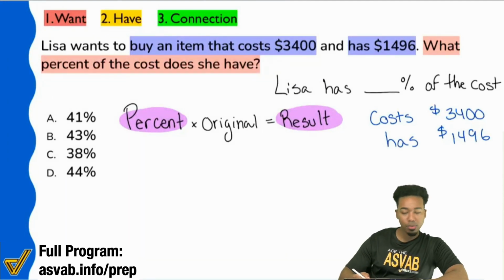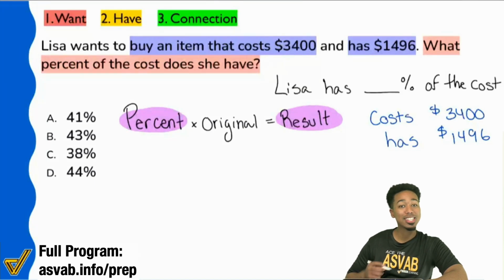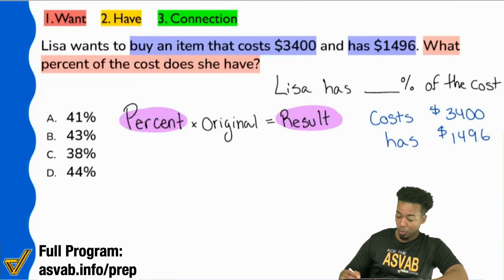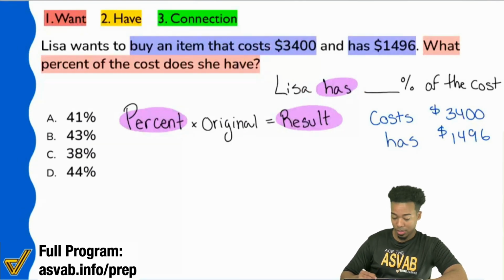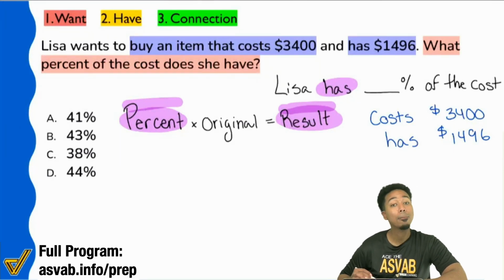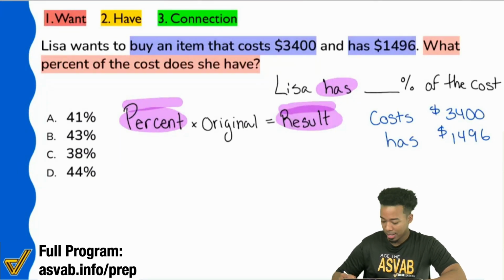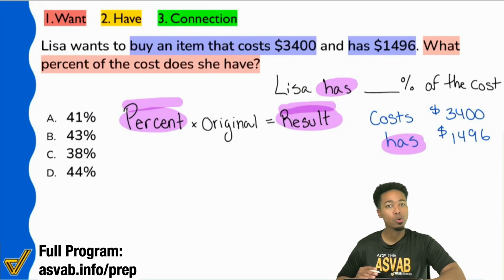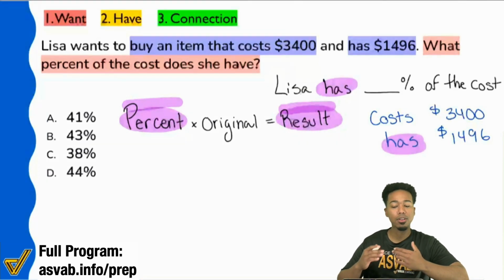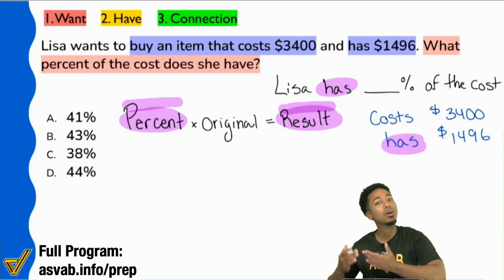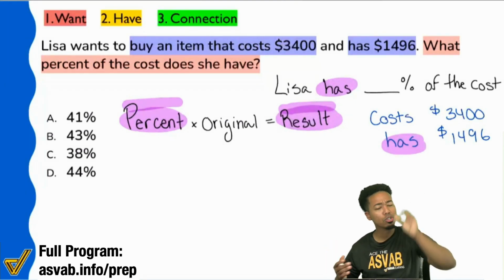So in this particular problem, if we're trying to find the percent that Lisa has, then this percent will translate to the amount that Lisa has. This is going to give us a very big clue in terms of how to set it up. Yes or no, is that making sense?